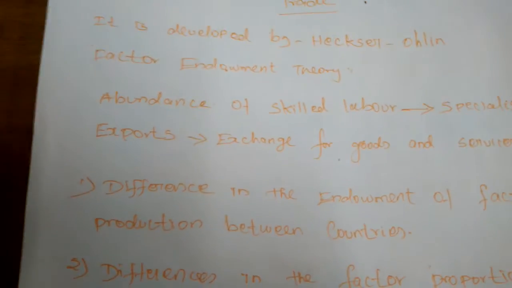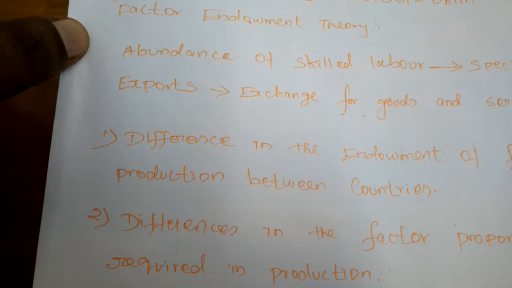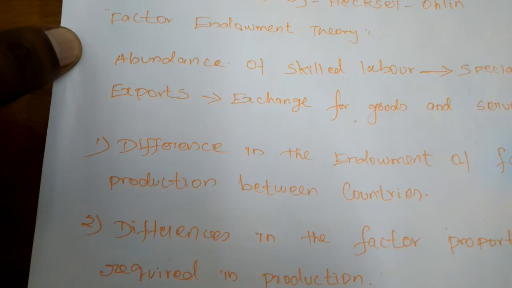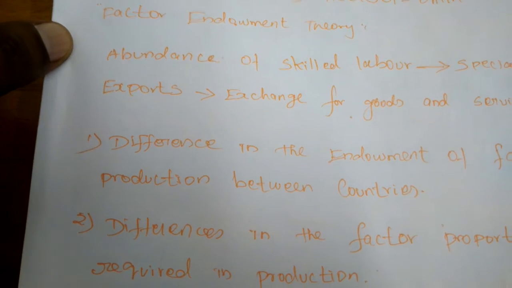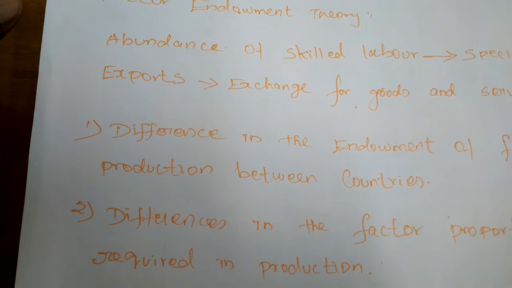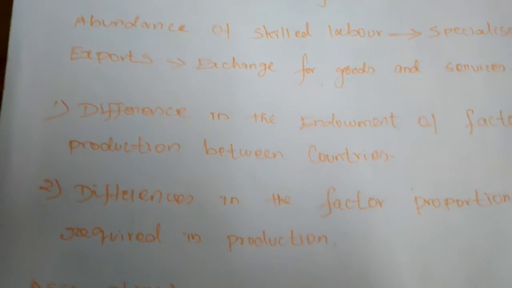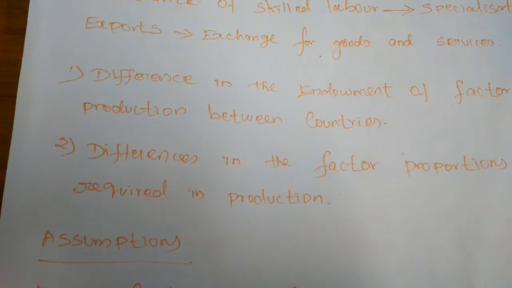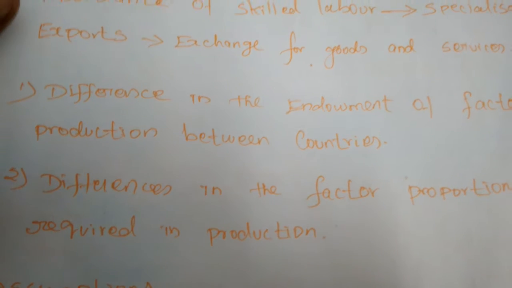The classical theory argued that the basis for foreign trade was comparative cost difference, and it considered only the labor factor. But the modern theory of international trade explains the causes for such comparative cost differences. So how are the comparative cost differences created?